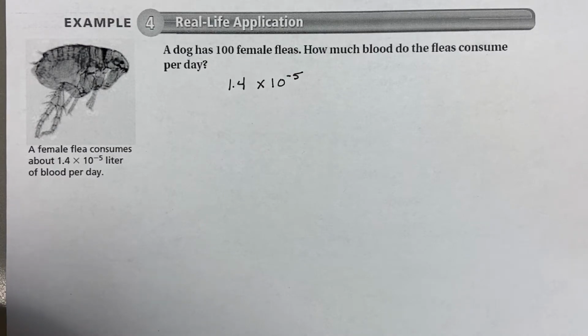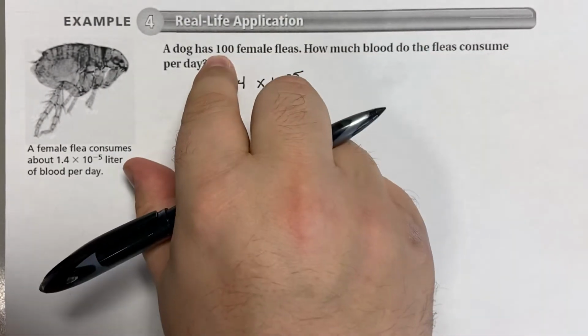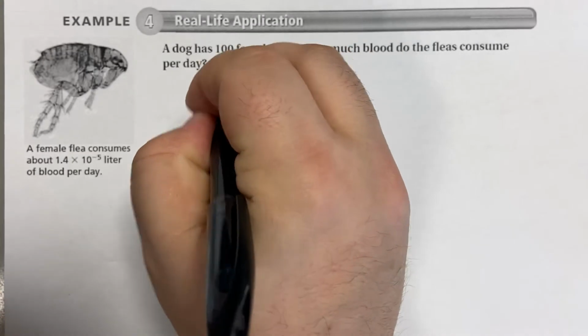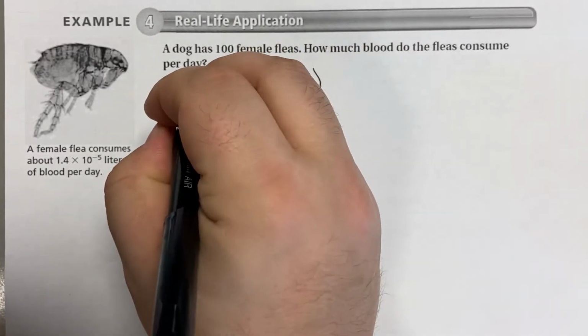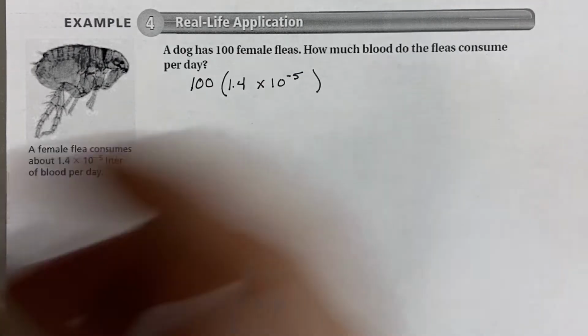The problem is that's only for one. We actually know that we are talking about 100 female fleas. So if this is for one, to find out how much 100 would be, we'd actually have to multiply by 100 to get our total consumption.